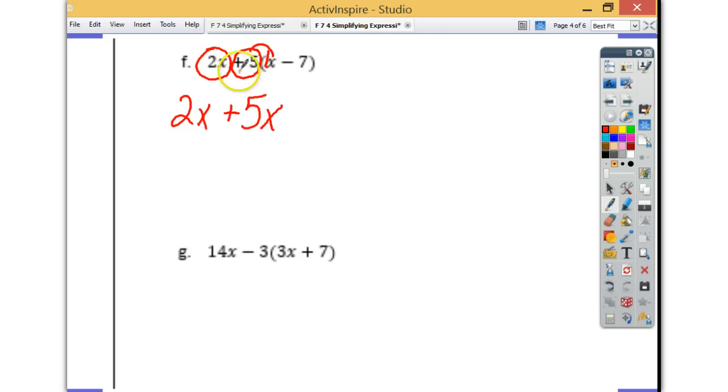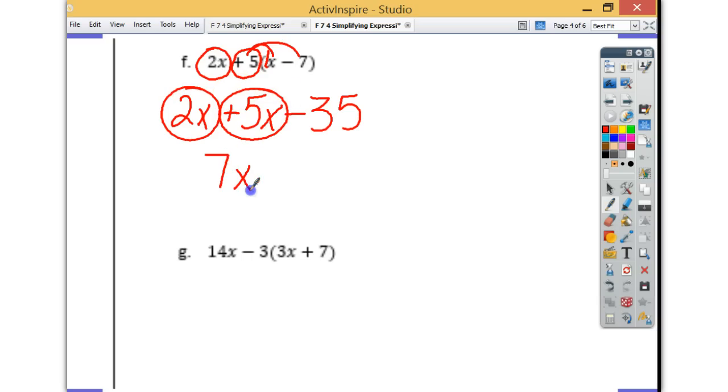We're multiplying, not adding. Positive 5 times a negative 7 is negative 35. Now as far as my terms go, I've got a positive 2x and a positive 5x. That gives me 7x minus 35.